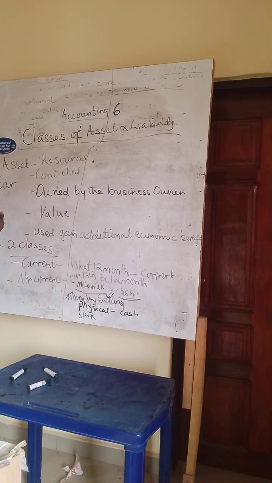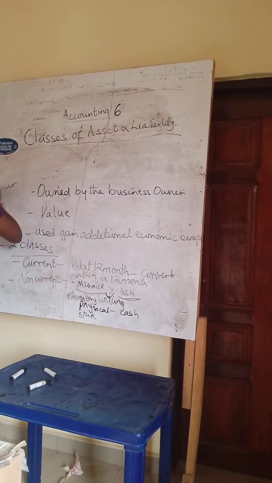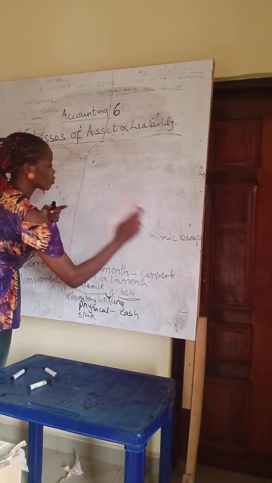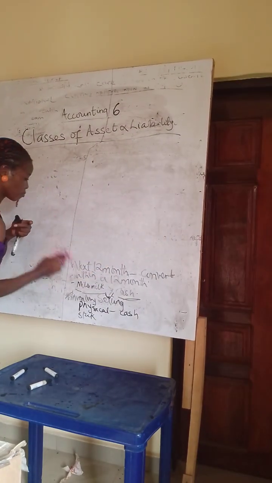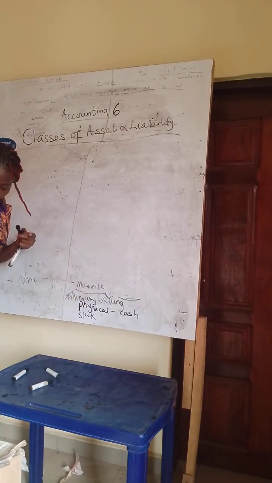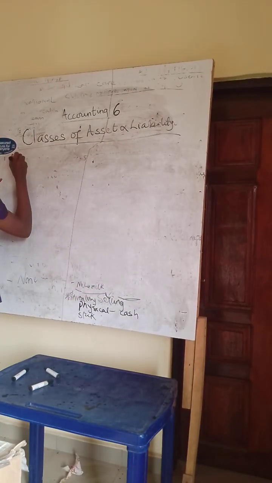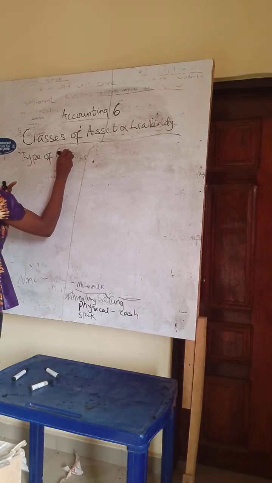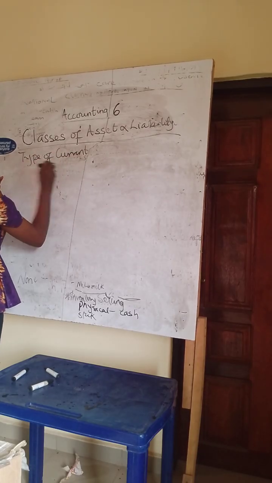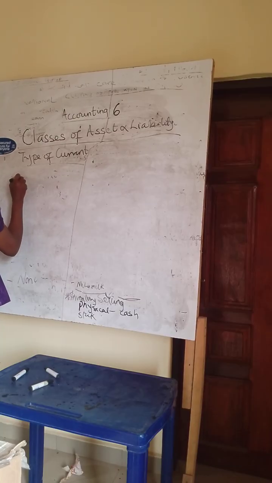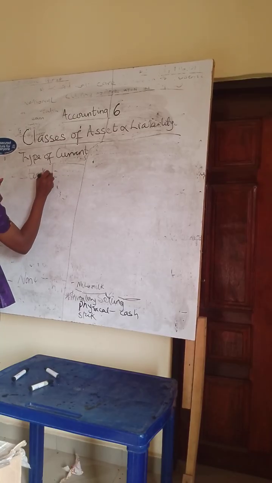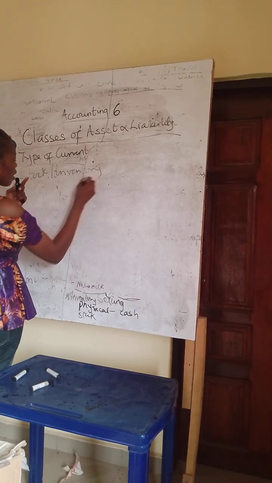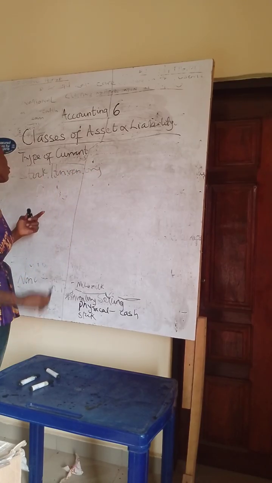Now let's talk about the types of current assets that we have. You have your stock, which is your inventory, what you sell so that you can make money out of it.